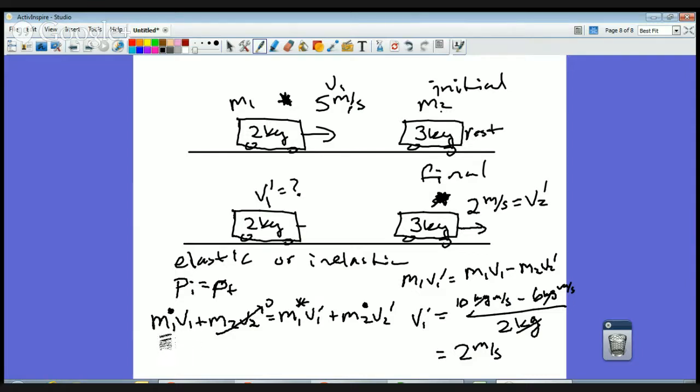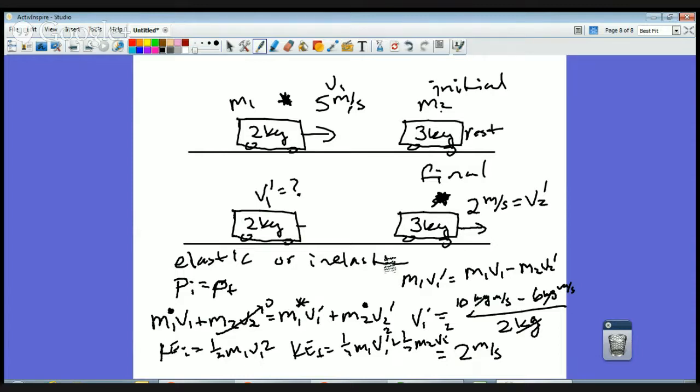So you find KEI, and that was just 1/2 M1 V1 squared, and KEF is 1/2 m1 v1 prime squared plus 1/2 m2 v2 prime squared. And then if they're equal, it was elastic. If not, it was inelastic.